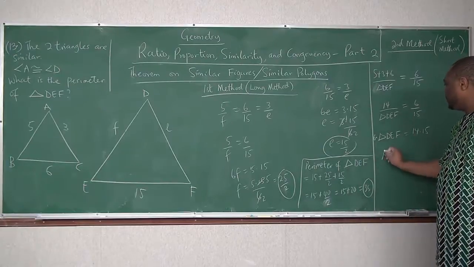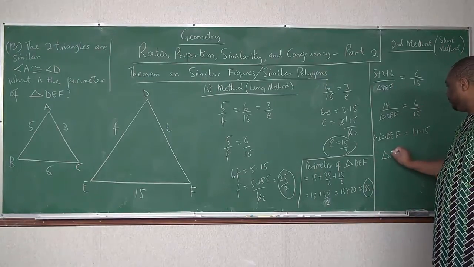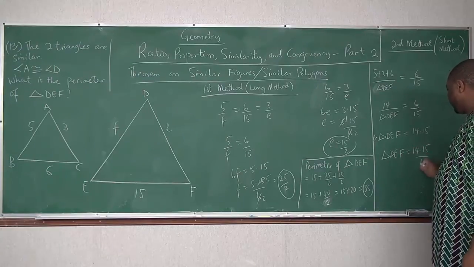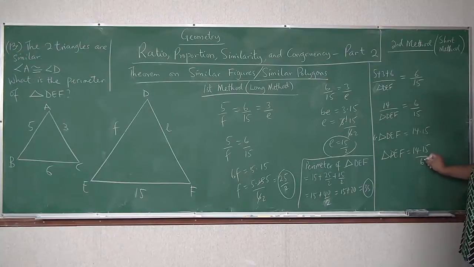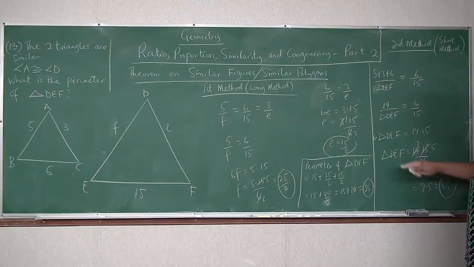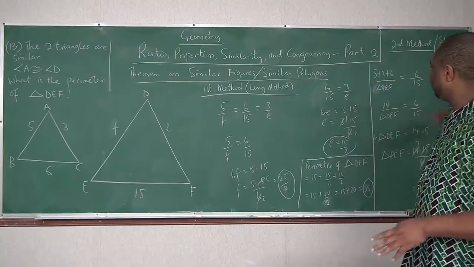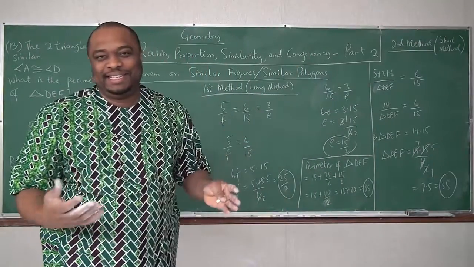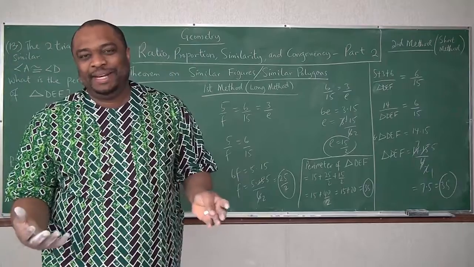So the perimeter of triangle DEF is 14 times 15 over 6. 3 into 6 is 2, 3 into 15 is 5, 2 into 2 is 1, 2 into 14 is 7. So this will be 7 times 5, which is 35. The same thing, but this one is shorter, and on the ACT you are working 60 questions in 60 minutes.